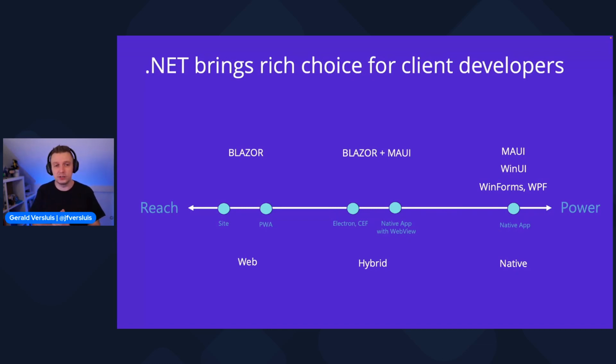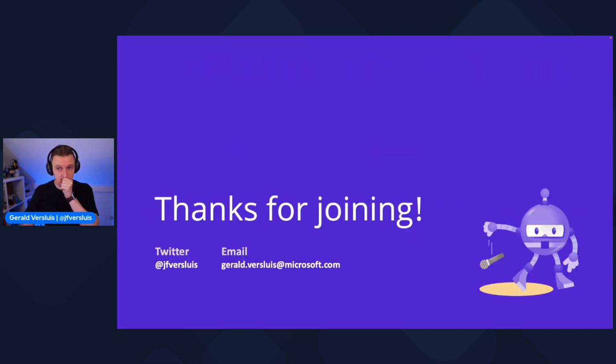If you want to go hybrid, you can go with Blazor and Maui, which is in the same ballpark as Electron, or a native app with a web view. Please don't do that, but you totally can. And if you want to really leverage the power and performance of a device, then you want to go with Maui. Or if you don't have the need for cross-platform, you can go with WinUI, WinForms, or WPF, and you will really have that native power of an app.